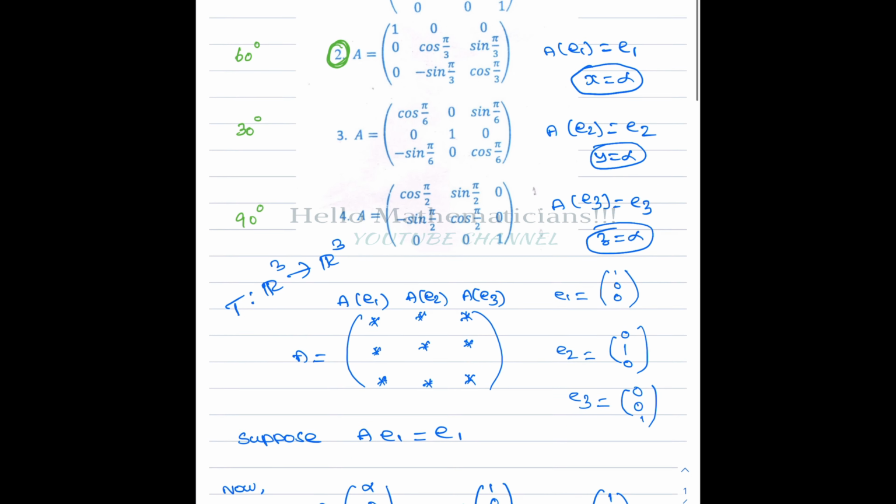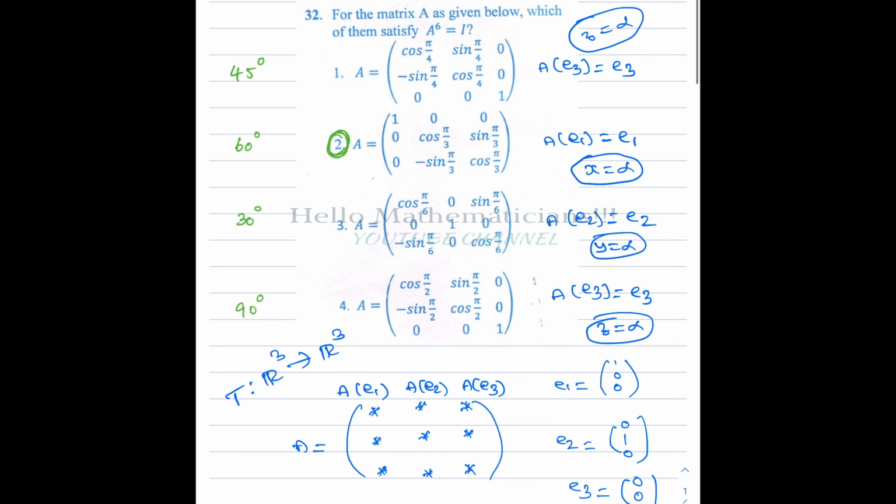Because each of these planes is invariant, in those planes it is going to act by rotation. This is rotation by 45 degree, rotation by 60 degree, rotation by 30 degree, rotation by 90 degree. So you want a point to come back to itself, right? A power 6 equal to identity means if you apply the matrix 6 times, you will get the same point itself.